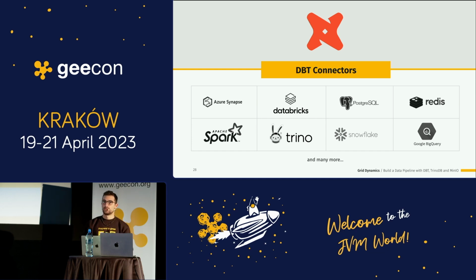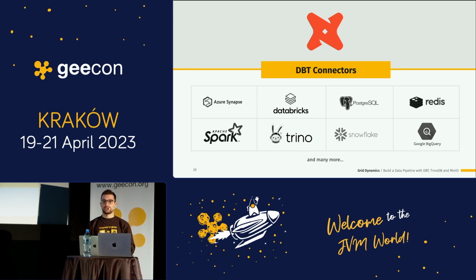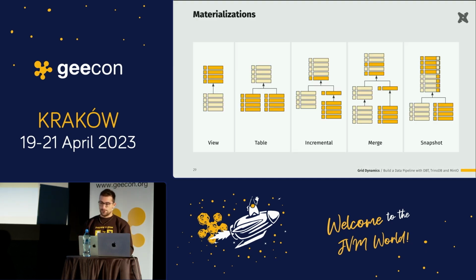We can even have, with DBT, different parts of the pipeline, where you can have, for example, the ingestion part that goes from Spark or from PostgreSQL, the processing one that goes through Trino, and at the end you can make your, for example, data catalog or the views for the client that are, for example, in BigQuery. Okay, so that's the main core of DBT.